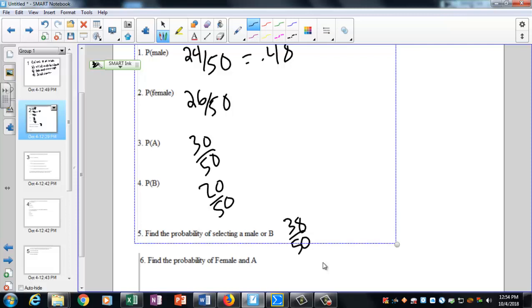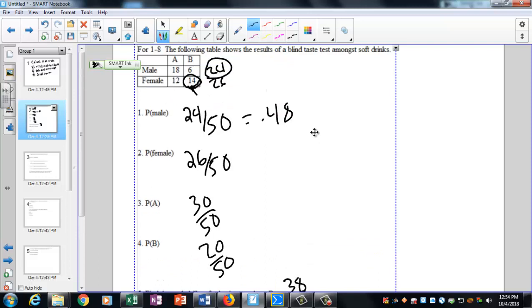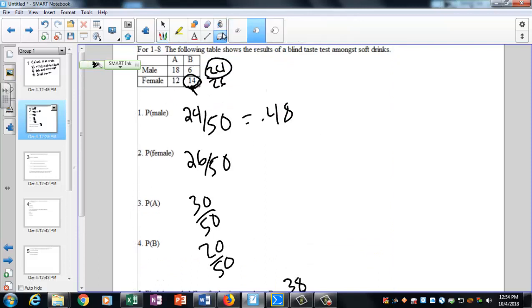Okay. Probability of female and A. And at that point, it's not sufficient. It's got to be a female who chose A. It cannot be one of these 14 people.